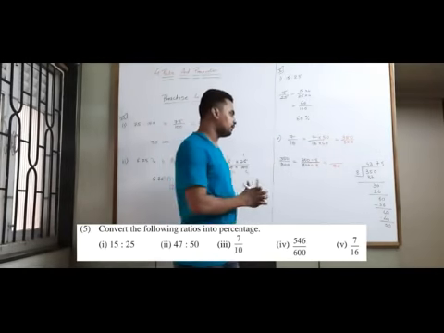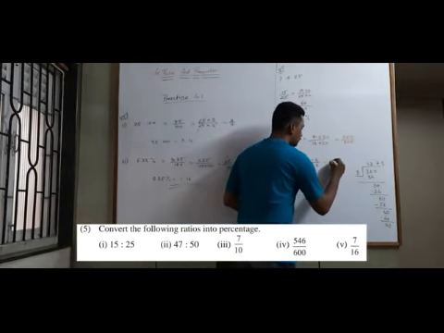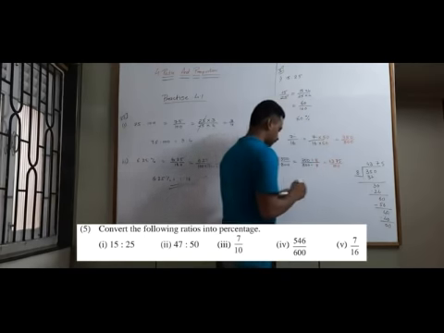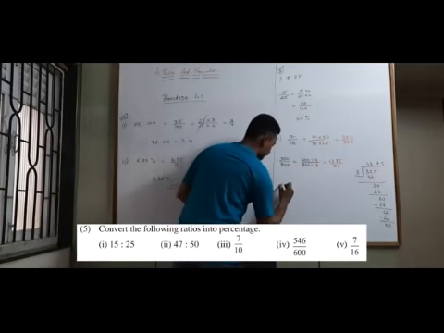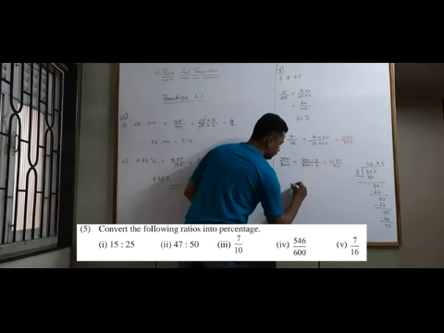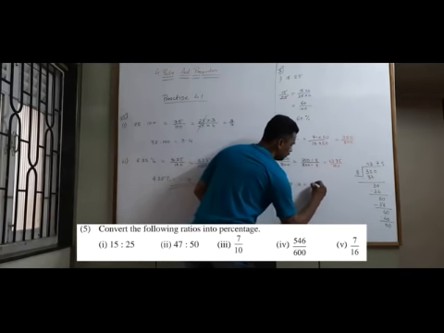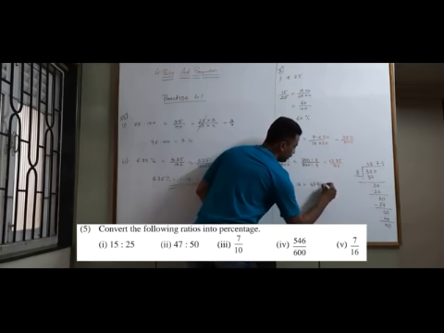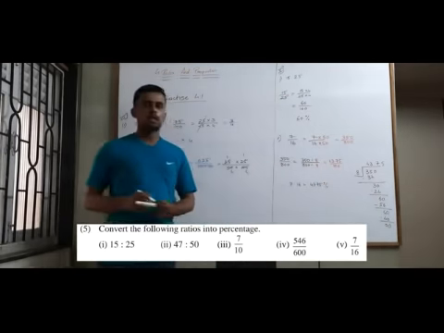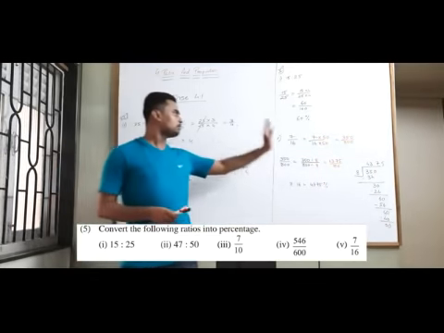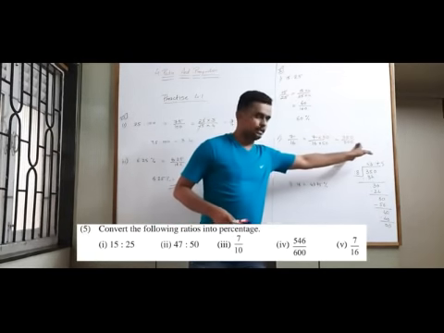So my percentage here is 43.75. Therefore 7 is to 16 is equal to 43.75%.